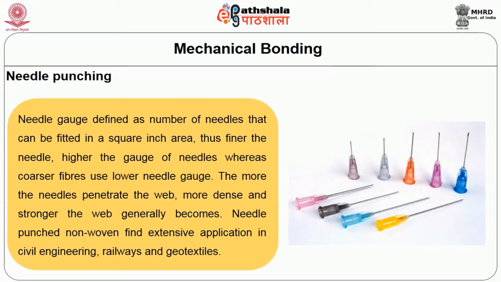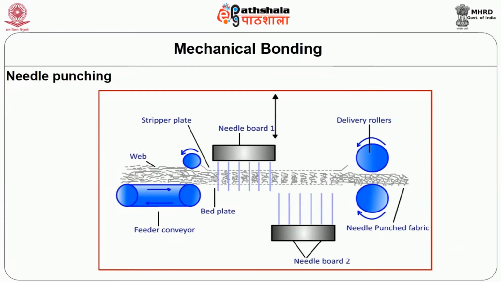Needle punched non-wovens find extensive application in civil engineering, railways, and geotextiles, to name a few. From the schematic figure which shows the operation of the needle punching machine, you can see the loose fibrous web being fed by the conveyor into the needle board, and you can see the stripper board as well, needle board 1 and needle board 2.